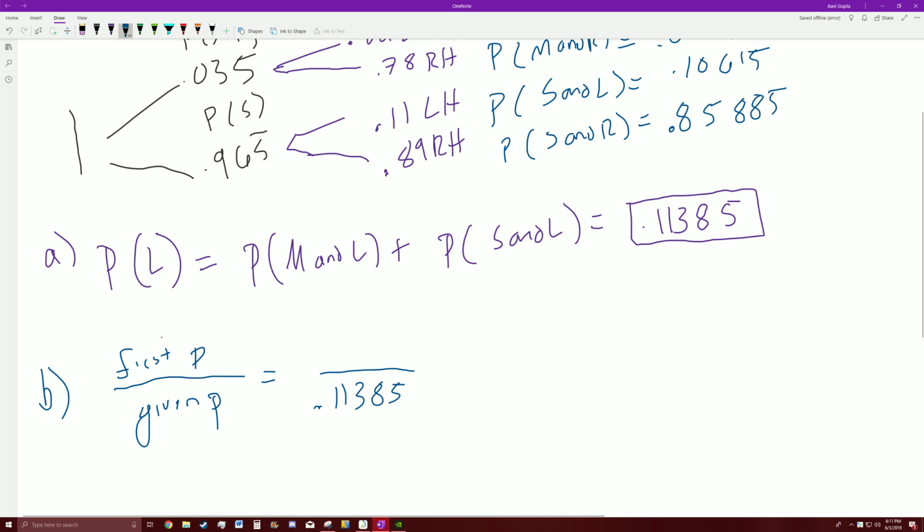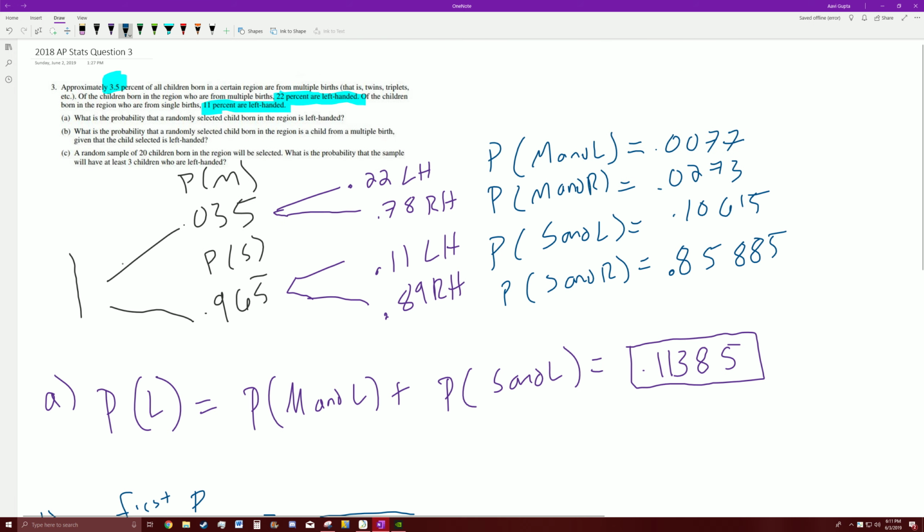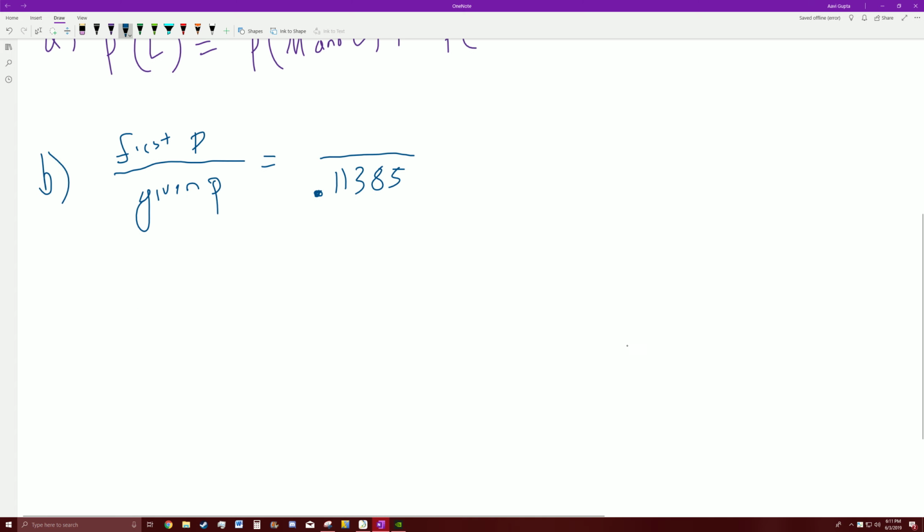And our numerator, this is slightly tricky. You have to understand here: what is the probability that a randomly selected child born in the region is a child from a multiple birth, given that the child selected is left-handed? So the actual notation is this, if this makes it any easier.